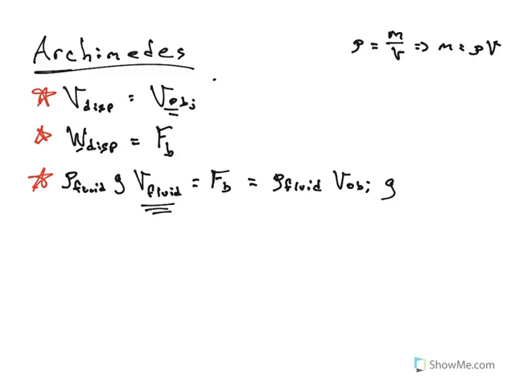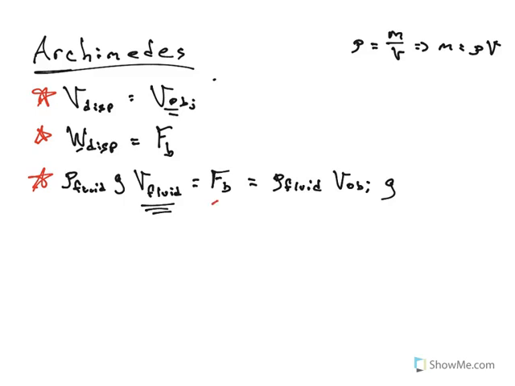Secondly, if you place an object in the water, it will feel lighter because a buoyant force acts on it. How big will this buoyant force be? Well, if you take the water that was displaced and you weigh that water, the weight of that water is the same as the buoyant force that acts on the object. And then you say, okay, well, how does that relate to the object itself?